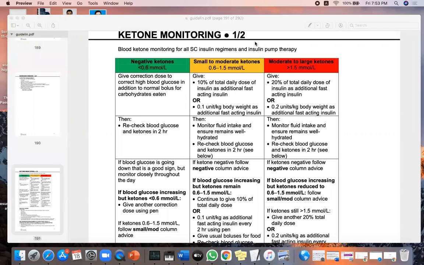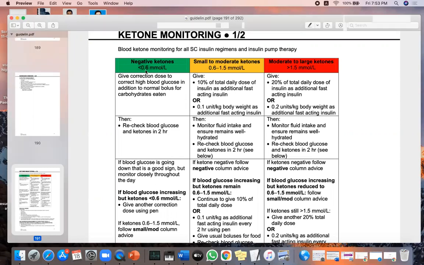So if your blood ketone is 0.6 or more, then you have to give a correction dose of insulin. Now, which type of insulin? This is a rapid acting insulin. Okay, this is a rapid acting insulin.